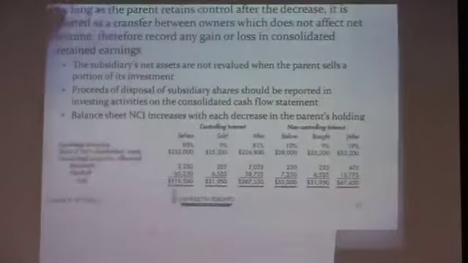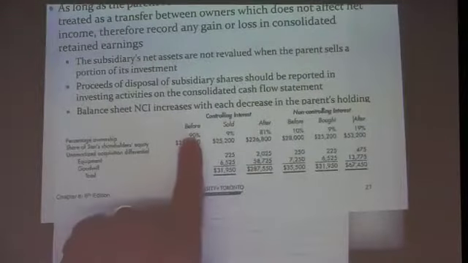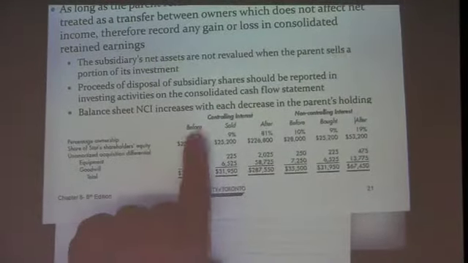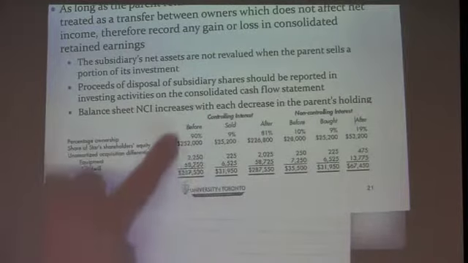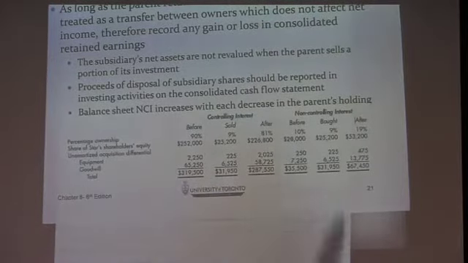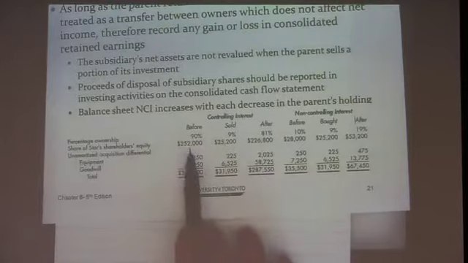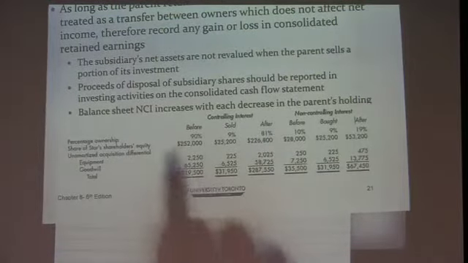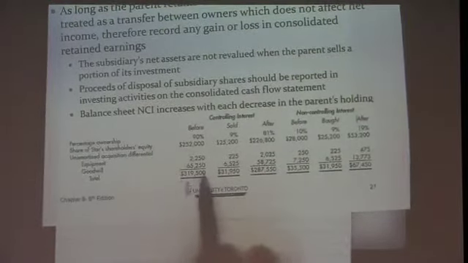Okay. And this is an example of what we're going to do today. You'll see that before the actual sale, we had 90% and non-controlling had 10%. And these are the acquisition differential, the AD.